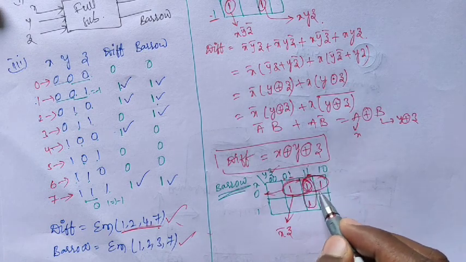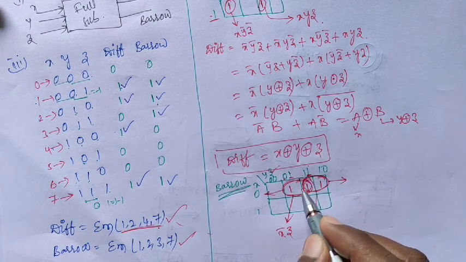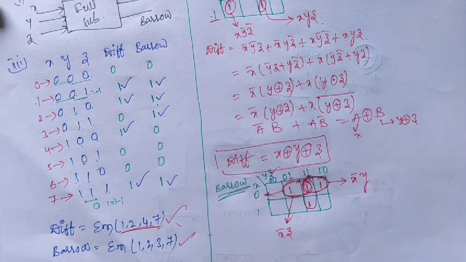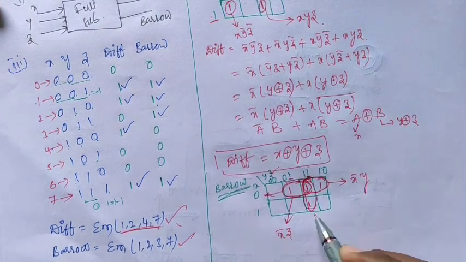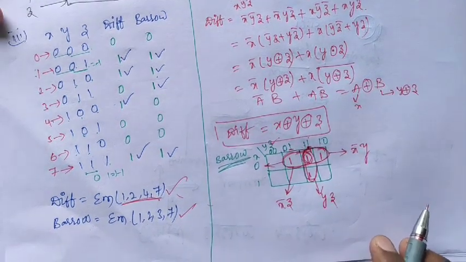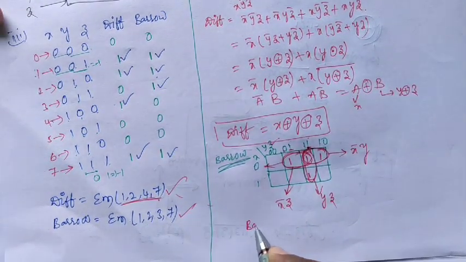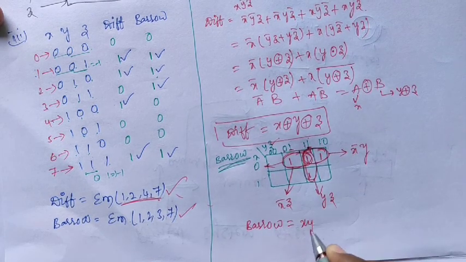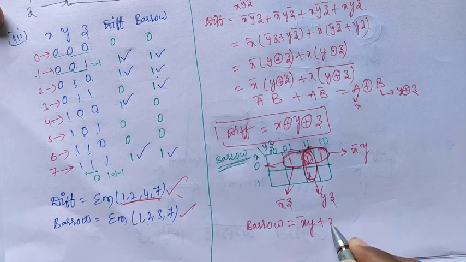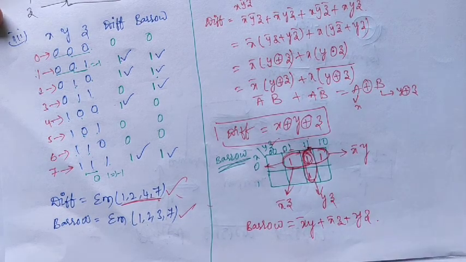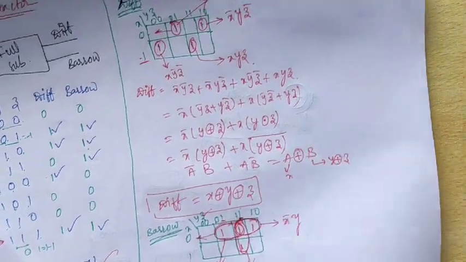Next, these two combination indicates x bar, and the common term is y. Next, these two directly form a column representation, that is yz. Now the borrow expression is x bar y plus x bar z plus yz.